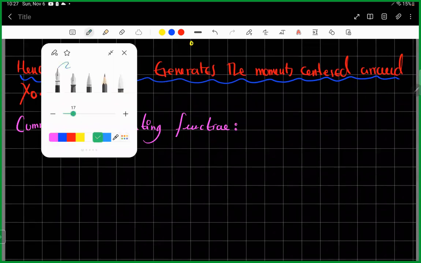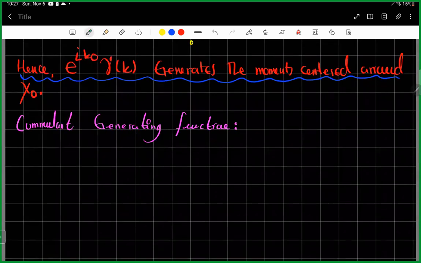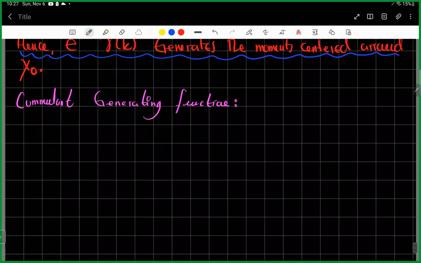So the cumulant generating function is the natural logarithm of gamma of k.